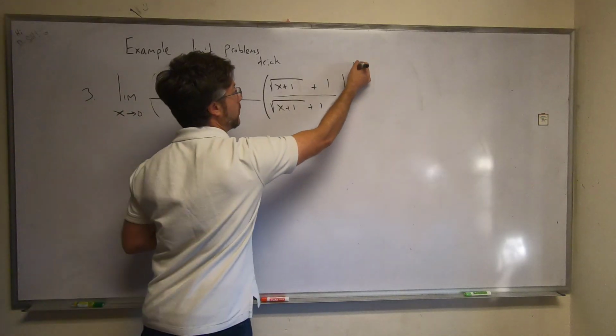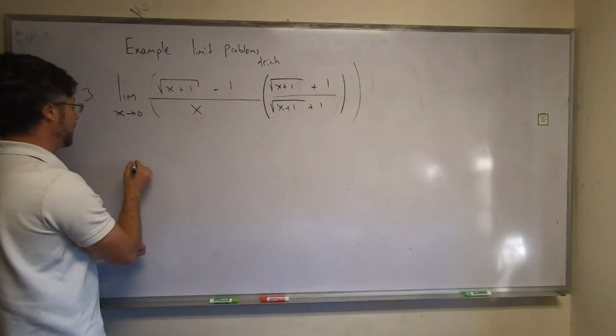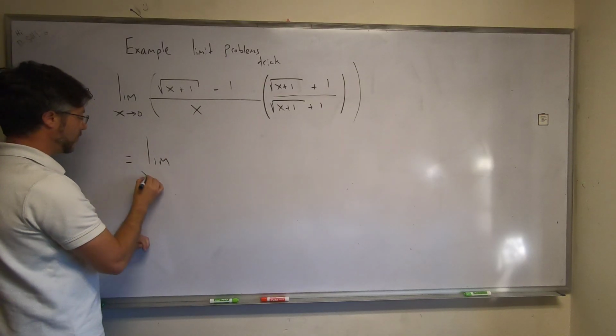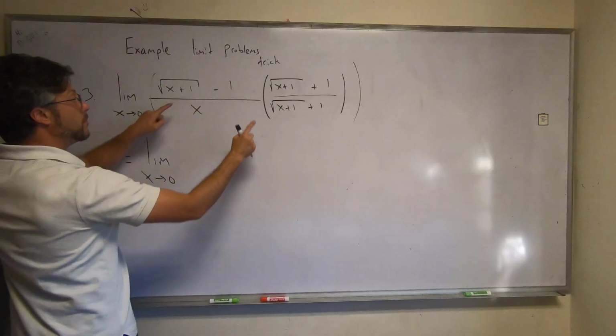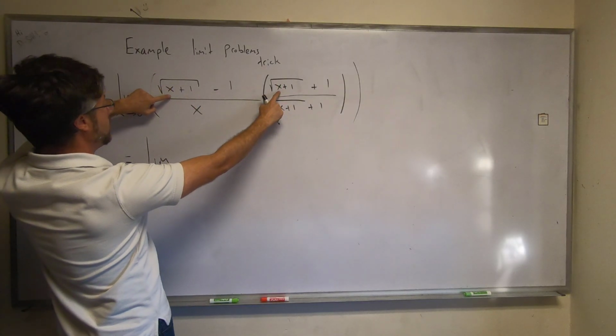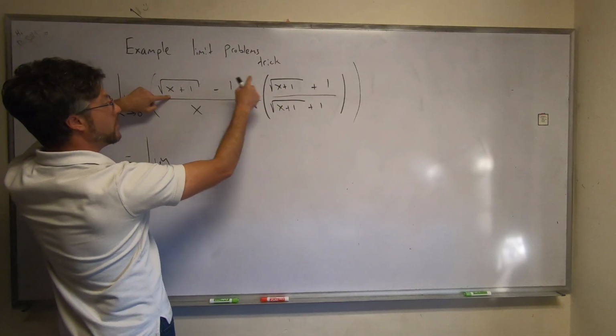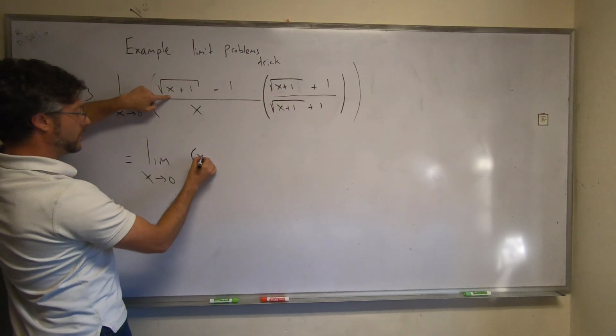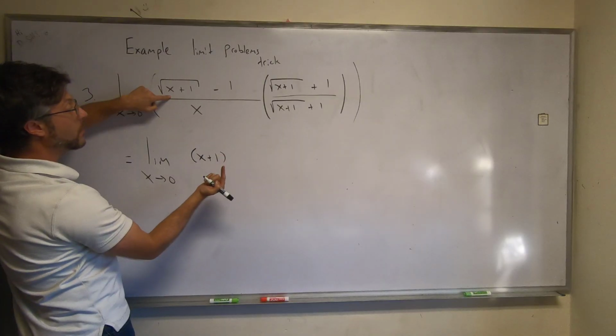So now we do the multiplication on the inside here. And the cool part about multiplying by conjugates is it's FOIL, right? So first times first. The square root multiplied by itself becomes the whole power, 1.